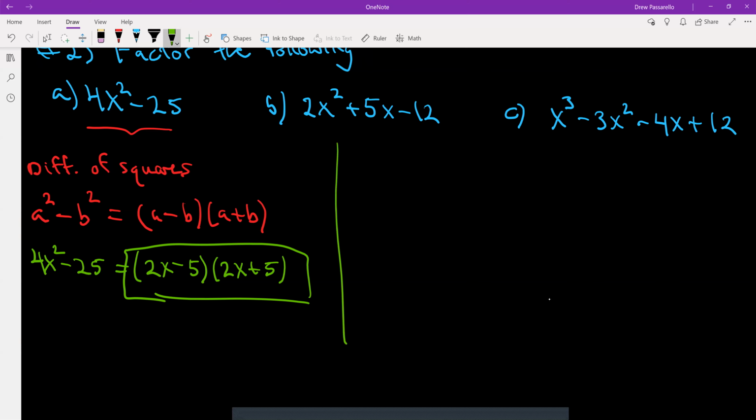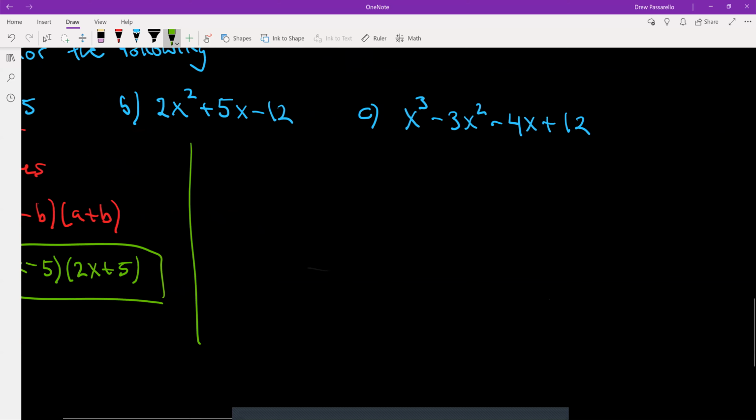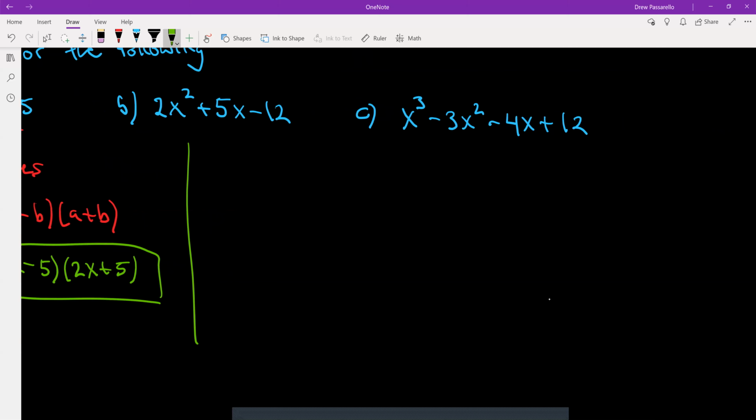Now for part B, notice there's a 2. So there's a number in front of the x squared. Anytime I have something of the structure like ax squared plus bx plus c, I use a factoring technique called the AC method.